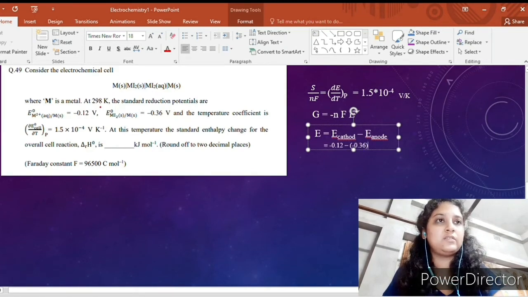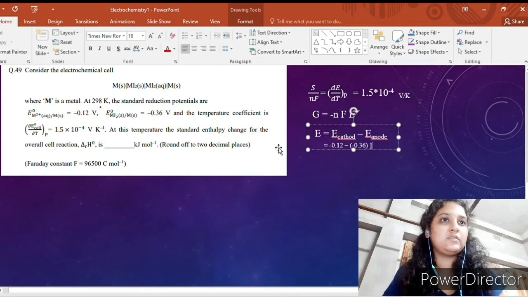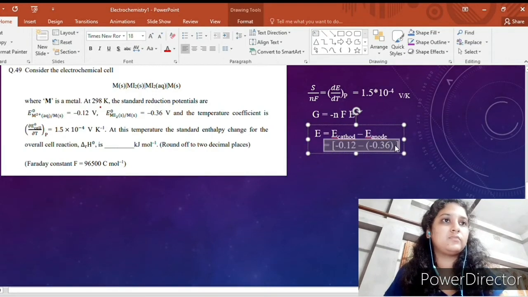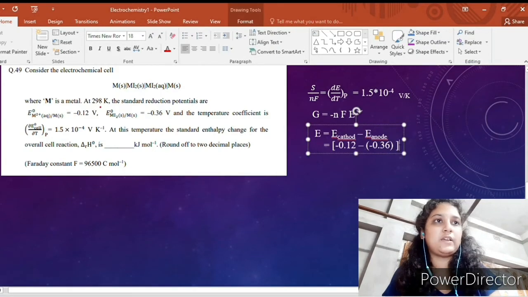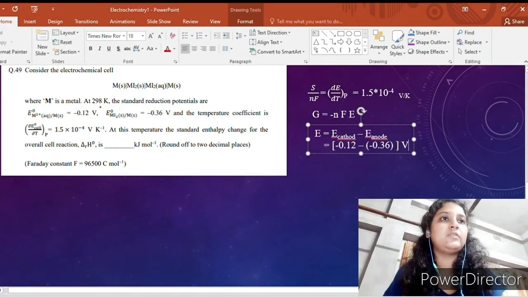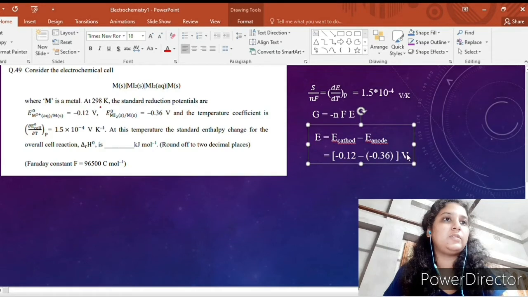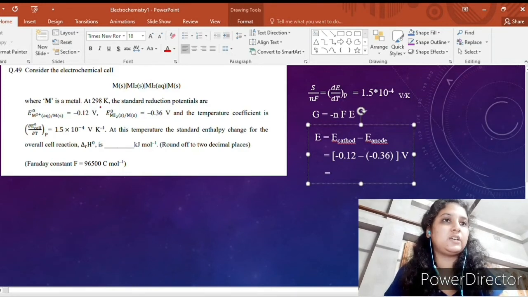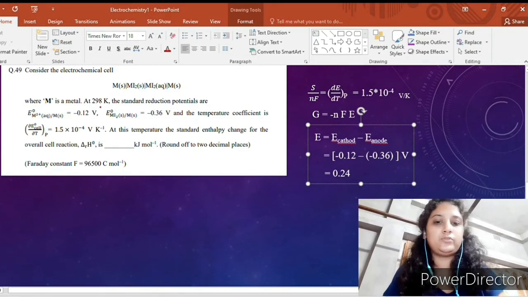This is the E value for the full cell reaction. Now what will be the value? If you compute this, you get the value equal to plus 0.24 volt.